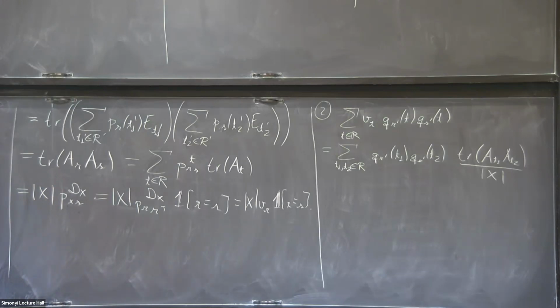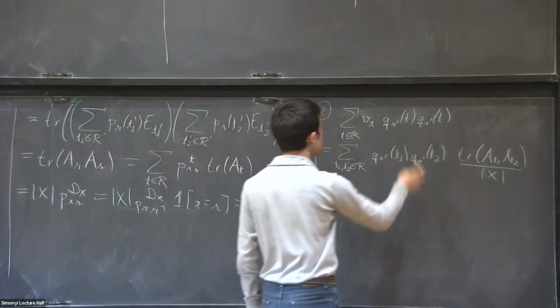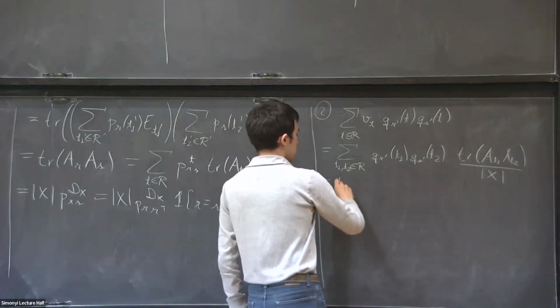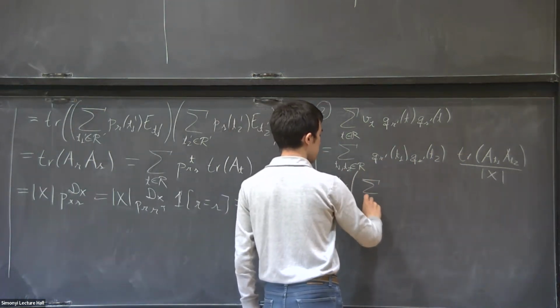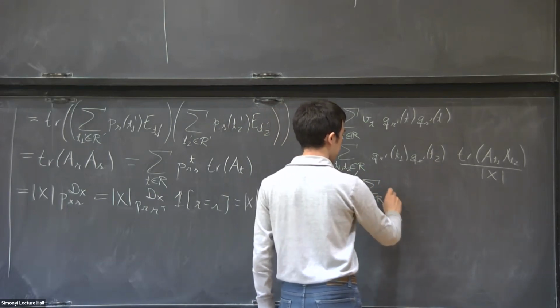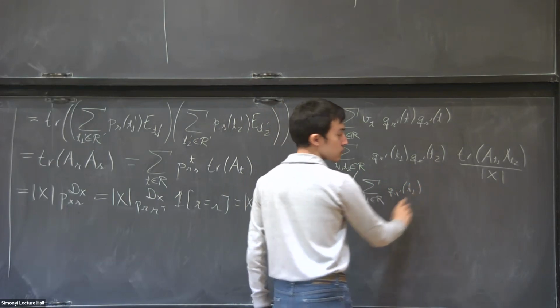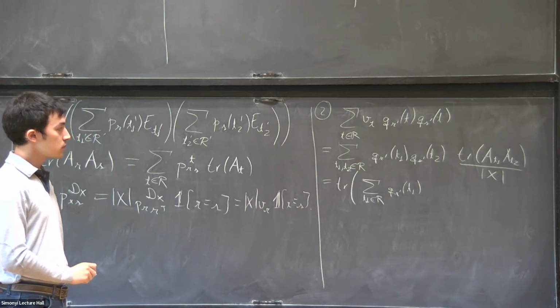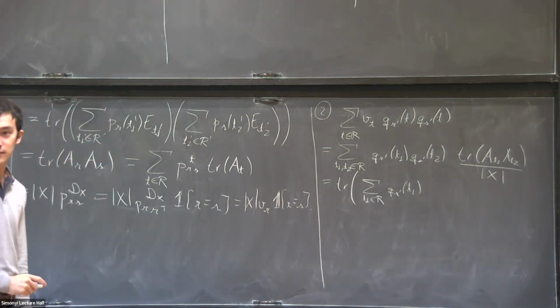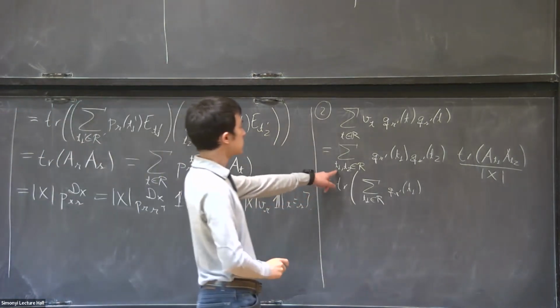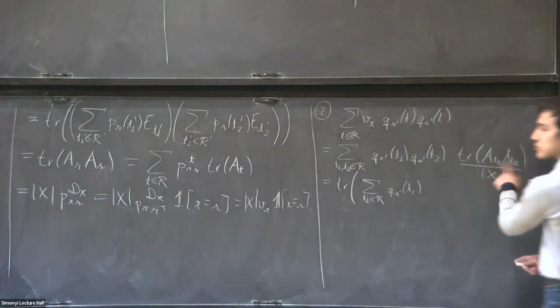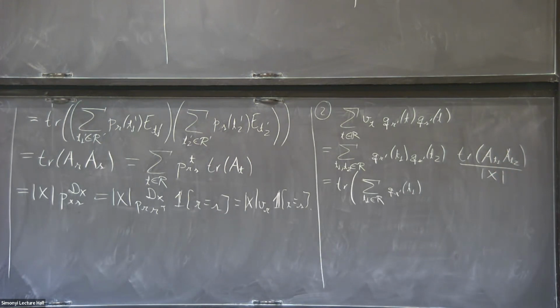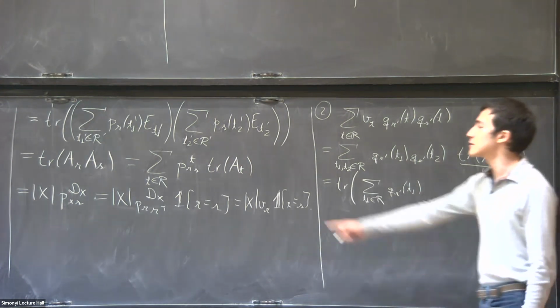Okay. So now I'm going to do the same kind of thing and pull the trace out. In the previous line you got T1 and T2 as a product. Now, is T1 equal to T2? The point is that this thing only survives if T1 is equal to T2. And when it survives, it is exactly the valency divided by valency times X, so it cancels. So it's the last step of that backwards.